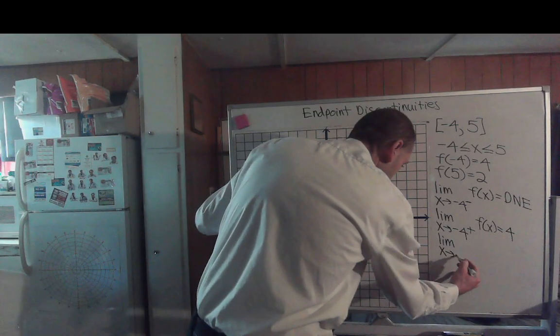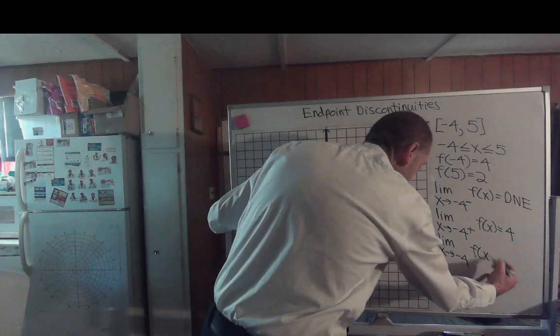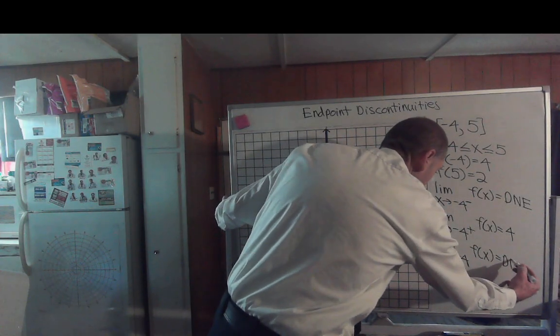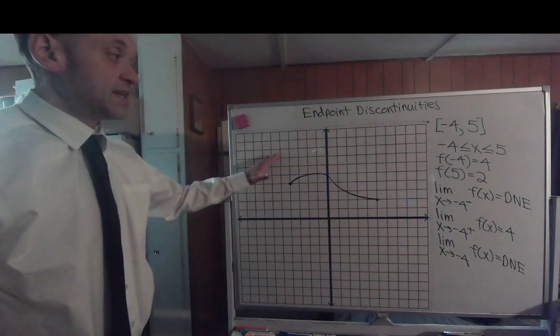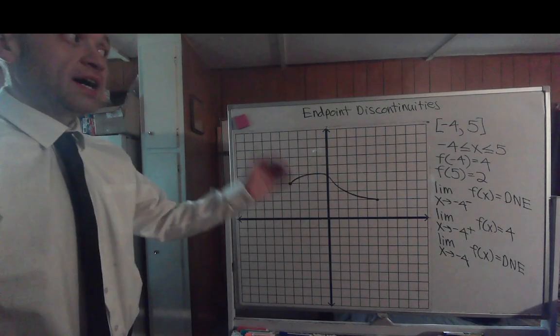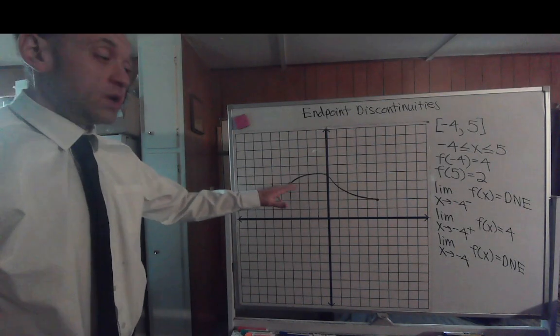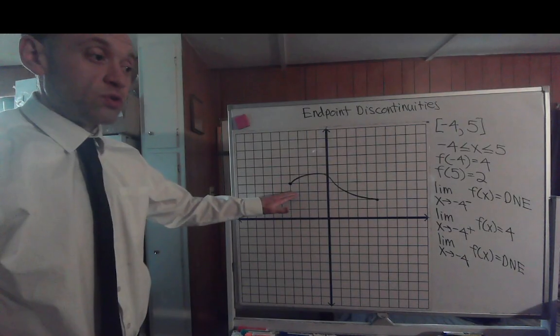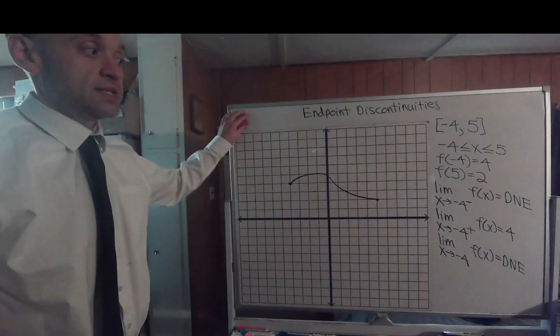So the general limit as x approaches -4 of this function does not exist. In fact, with endpoint discontinuities, you can define the function value and you'll find a one-sided limit there, but the general limit will always fail to exist at endpoint discontinuities.